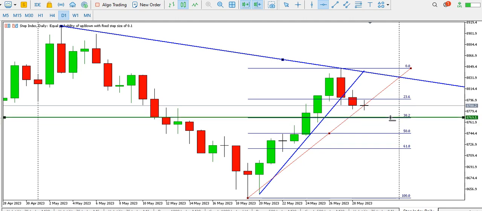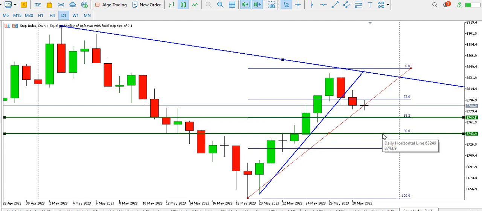I'm talking about the 8769 level, and price might take it further to the 50% Fibonacci retracement level, I'm talking about the 8743 level. So either price retraces down to this point or to this point before price is expected to find some level of support, and price might have this descending trend line as a contention.